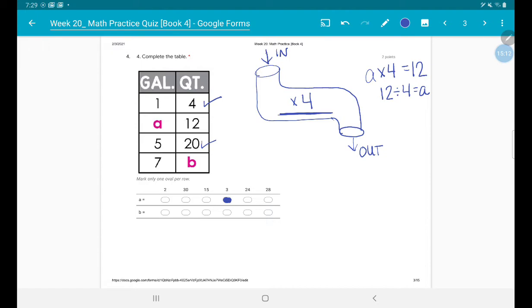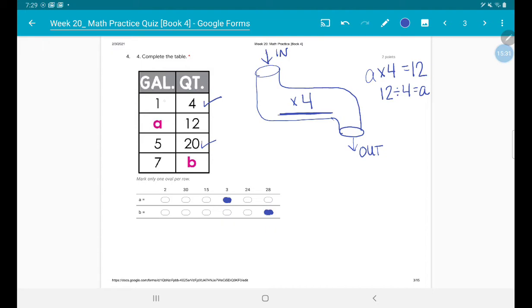Okay, so we'll go down and find the value of B now. If I drop in 7 and I multiply times 4, 7 times 4 is 28. So I would get 28 out.